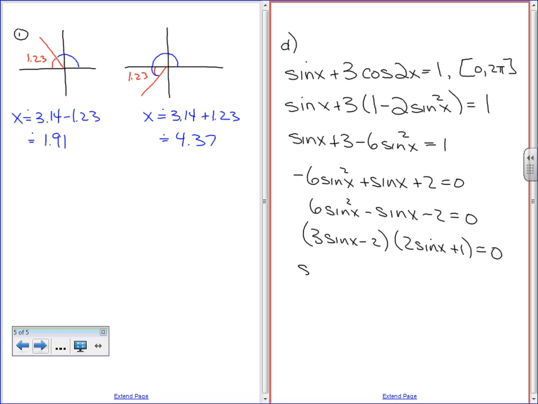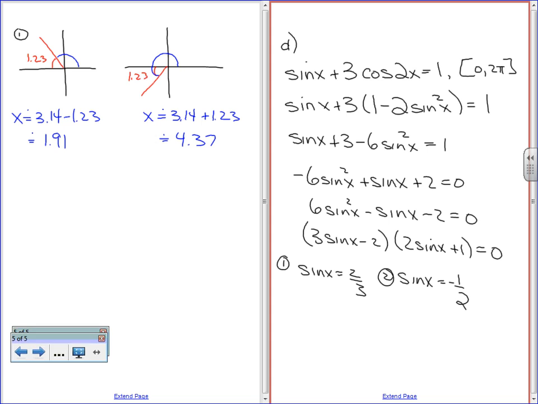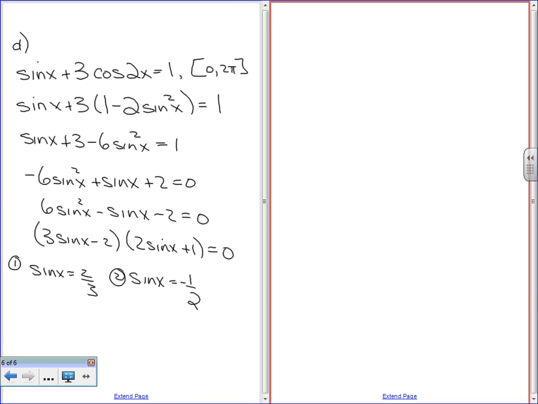Now I solve when the sine of x is equal to 2/3 by setting that factor equal to 0, and when the sine of x is equal to -1/2 by setting the second one equal to 0. So I have 2 equations to solve, and we know how to solve these. Equation number 1: determine where the sine ratio is positive.